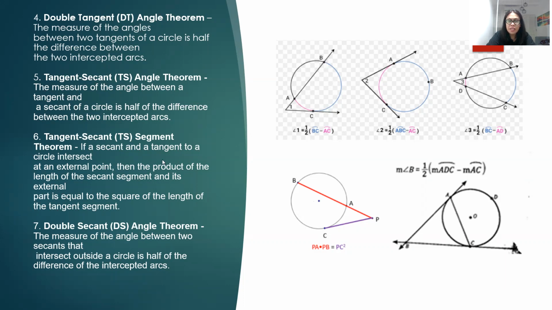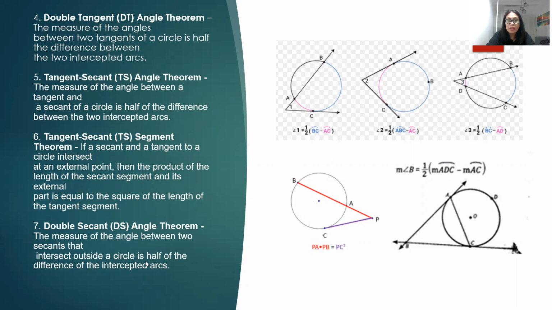Now for the tangent secant segment, for example in this illustration, we come up with a relationship such that the length of a secant segment, here PB, times its external part AP equals the square of the tangent segment. And this is about the tangent secant segment.